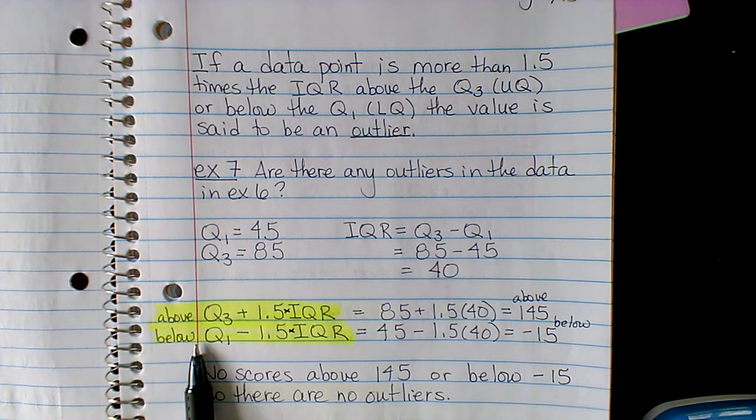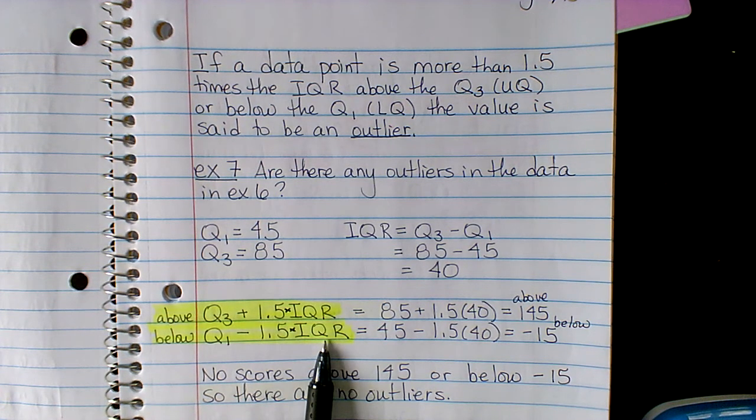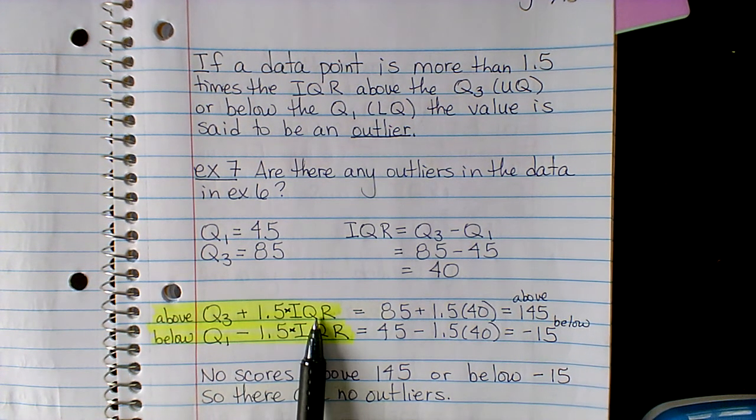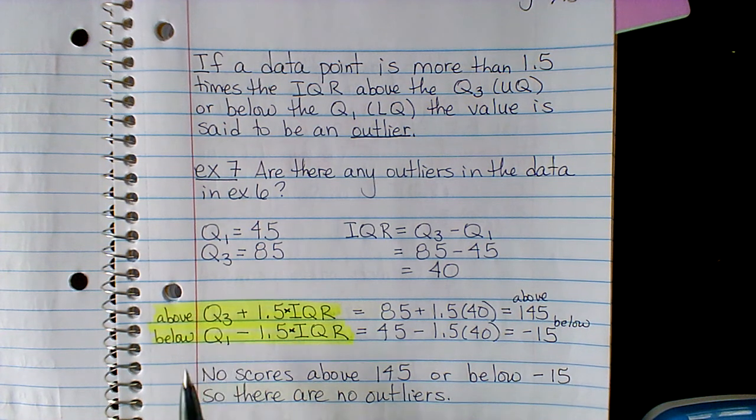Or if it's below the lower quartile minus 1.5 times the interquartile range. So we're talking about 1.5 times the interquartile range, that much above the upper or below the lower quartile being considered outliers.